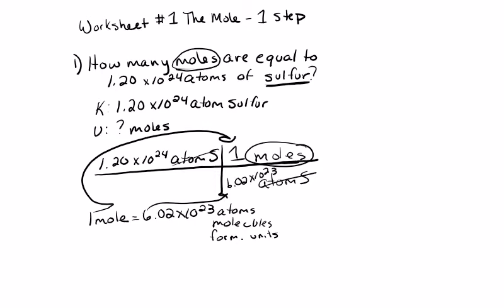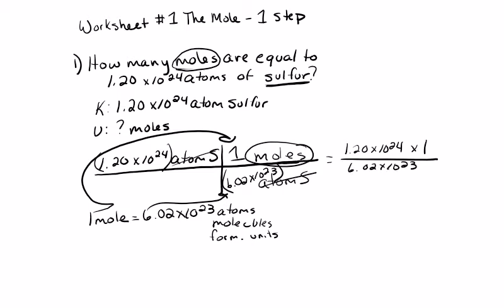Now I will tell you this, when you put this into your calculator, please make sure that you put parentheses around these 2 units, because what you're going to do is divide by everything on the bottom, multiply across the top. So what this will look like is 1.20 times 10 to the 24th times 1, and you're going to put that over your 6.02 times 10 to the 23rd.